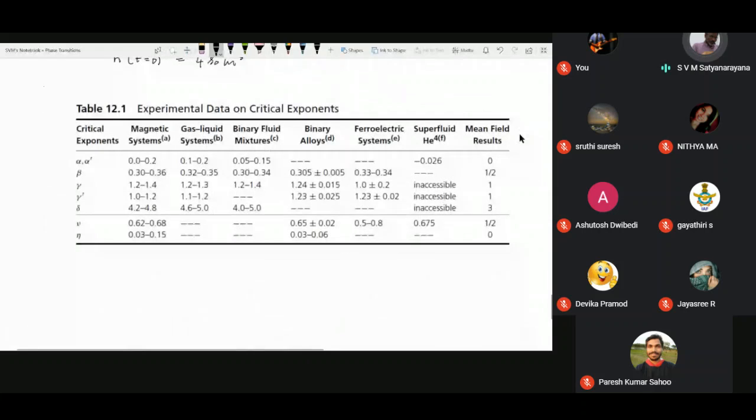So this beta is the critical exponent for the order parameter, which our mean field theory shows is 0.5, whereas experiments in magnetic systems give 0.3 to 0.6. Gas-liquid, alloys, ferroelectric system, superfluid, of course, did not measure. Our measurement is not available.